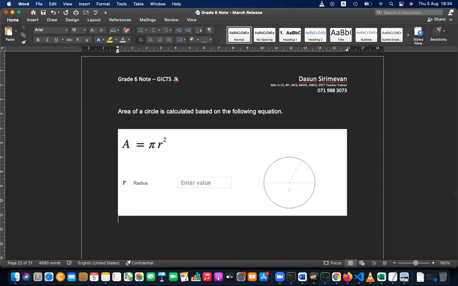Okay, under that, please write down the value of pi. Pi means this symbol. It is 22 divided by 7.